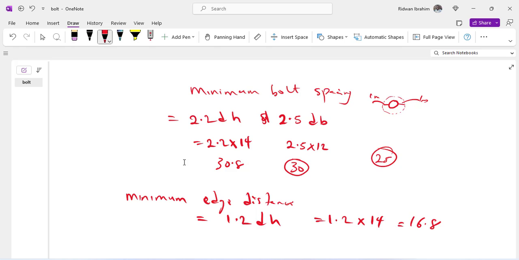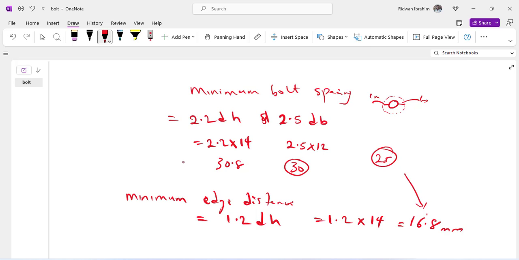That is 16.8 millimeter. You see that 16.8 millimeter is actually lesser than 25. So we have used an edge distance that is greater than the minimum. You cannot use anything less than the minimum, but you can use more than the minimum, definitely. If you use anything lesser than 16.8, then you should be expecting to have a bearing failure.